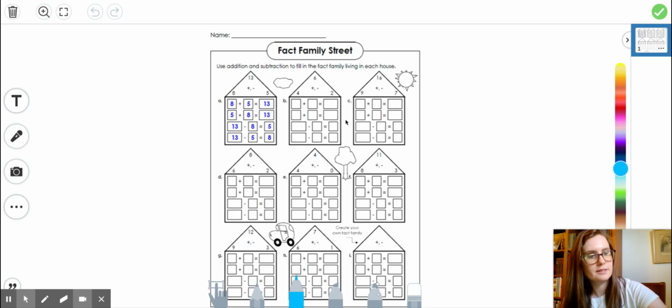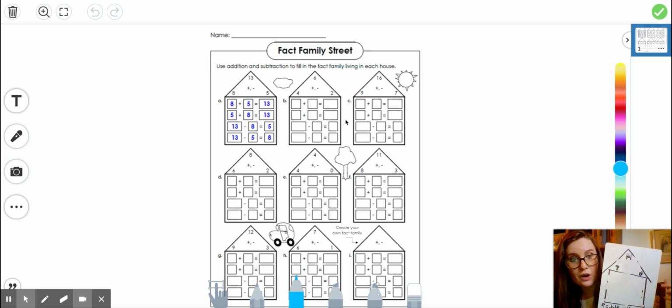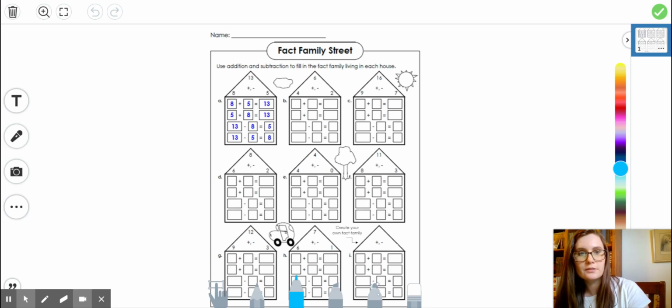14, 6, and 8. So see how I moved my 3 numbers up here. And then you'll see the boxes. So they've given you 2 places for your addition sentences and 2 places for your subtraction sentences.